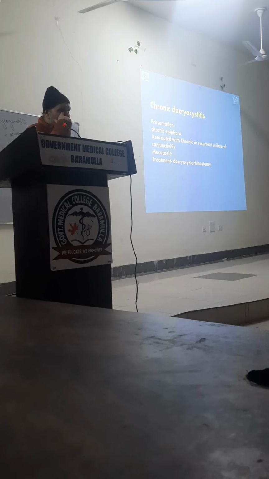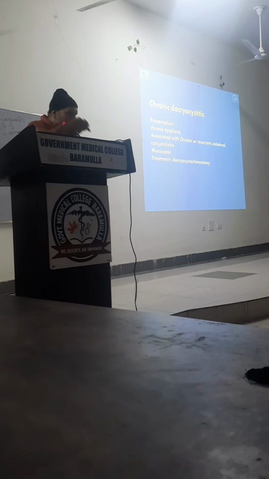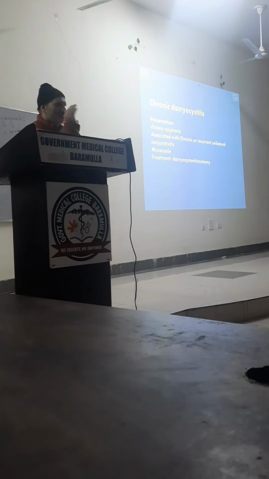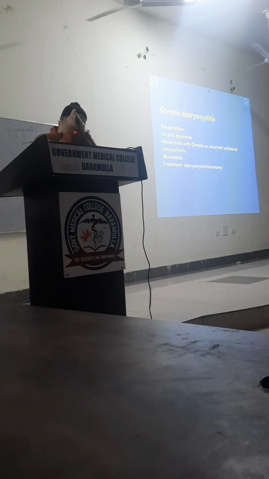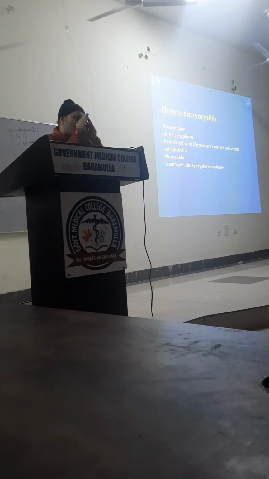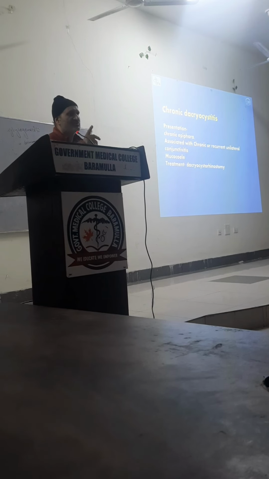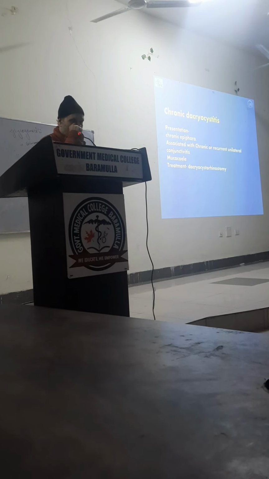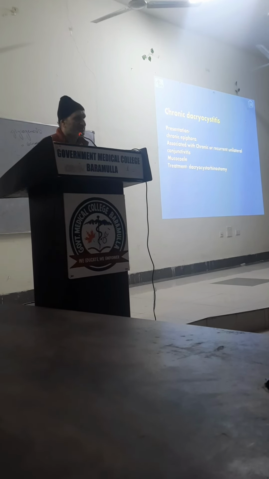It is below the anterior lacrimal crest. There are two crests, anterior and posterior lacrimal crest. Between the two is the lacrimal sac. So any swelling below the medial canthus is lacrimal sac. If there is swelling above the medial canthus, what can you do?